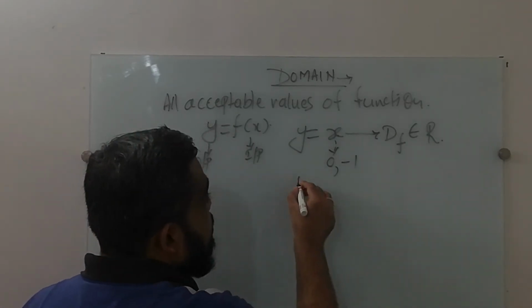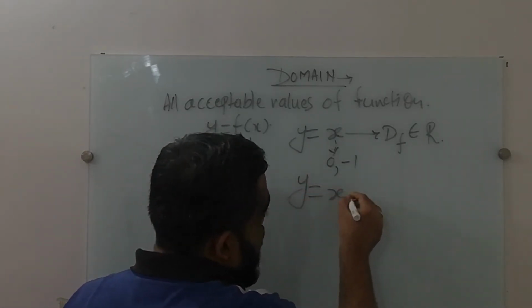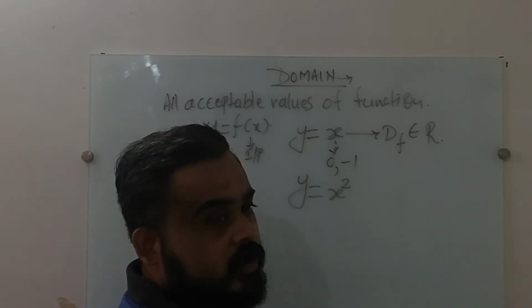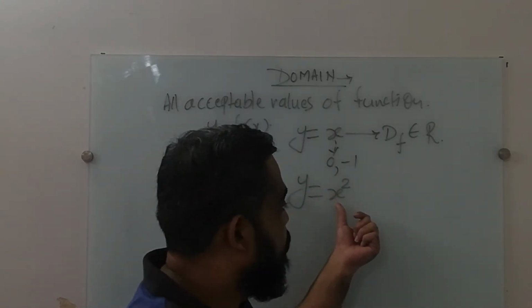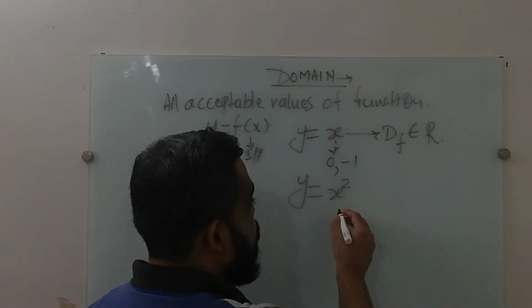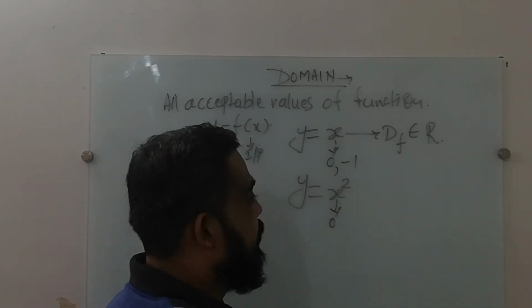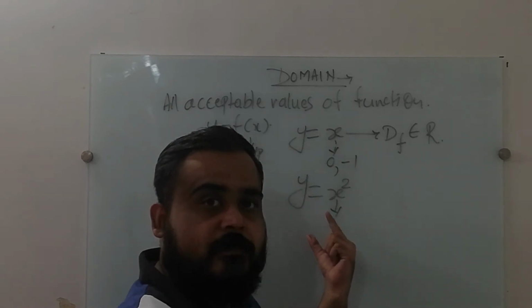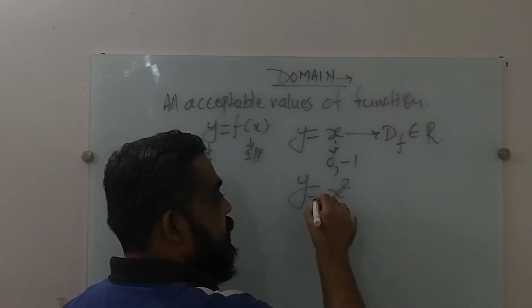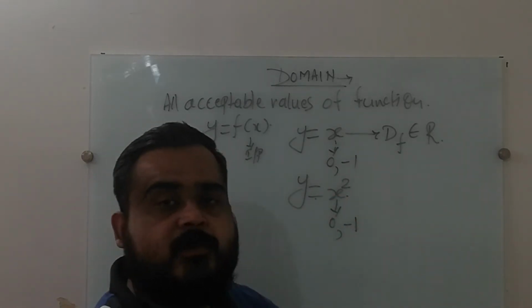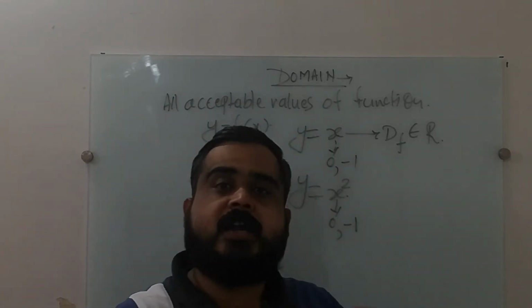Let us take another example, y equal to x square. Now, when I substitute any value of x, say x equal to 0, I will get the corresponding value of y. When I substitute x equal to minus 1, I will get y equal to 1. X equal to 100, I will get y equal to 100 square.